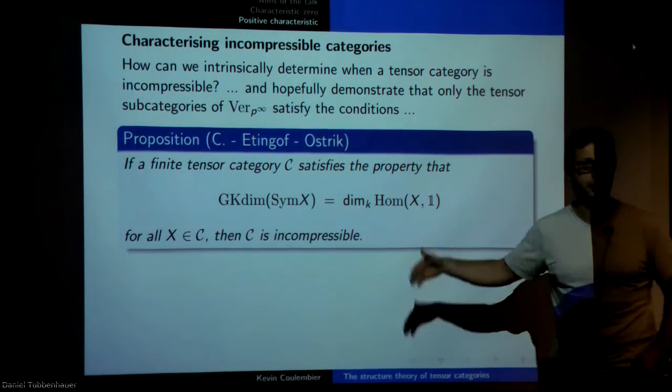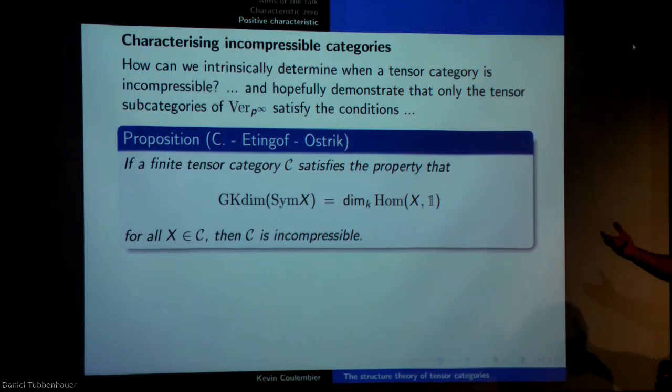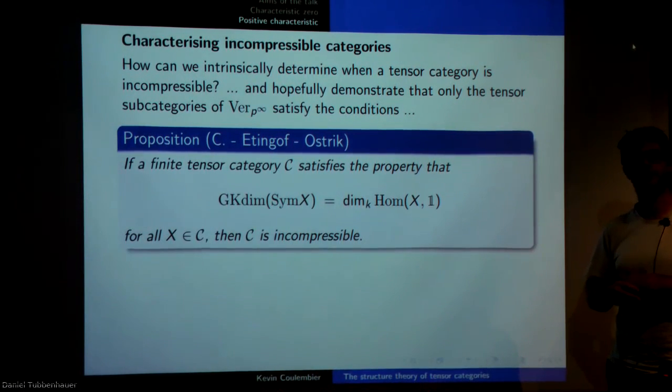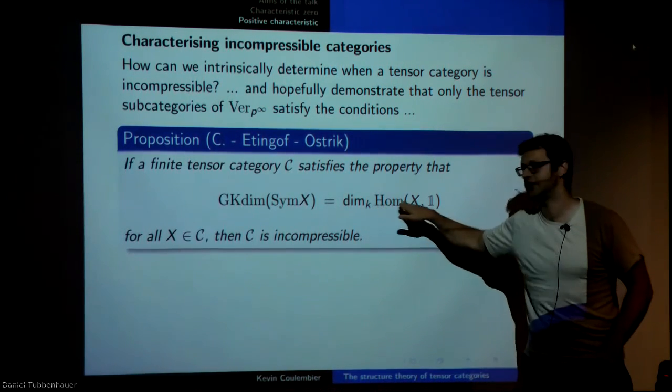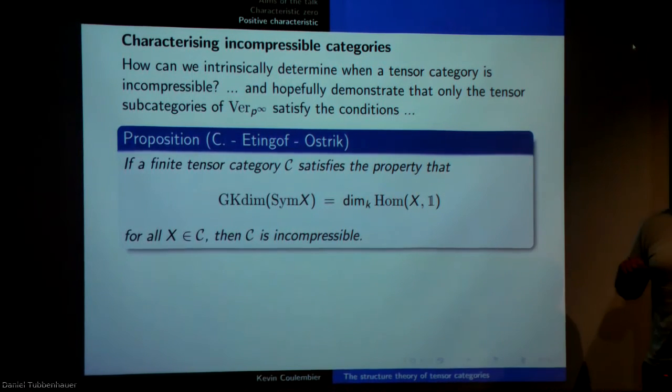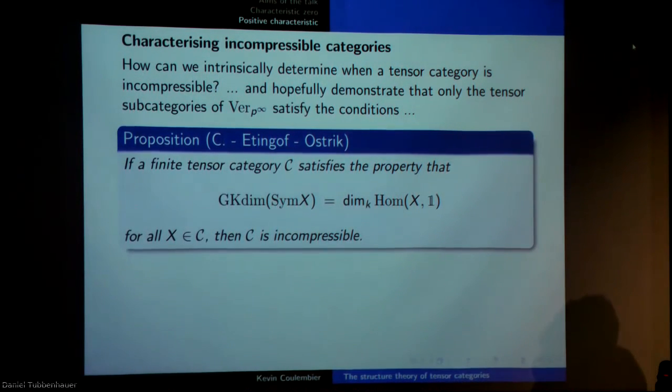And if you think of super vector spaces, the thing about super vector spaces is that every odd thing is nilpotent in the commutative sense. So for a super vector space, this will be true. It's only the even bit that will contribute to the Gelfand-Kirillov dimension, because the odd bit will be just the exterior algebra, which is finite.